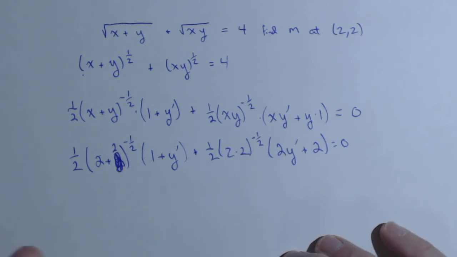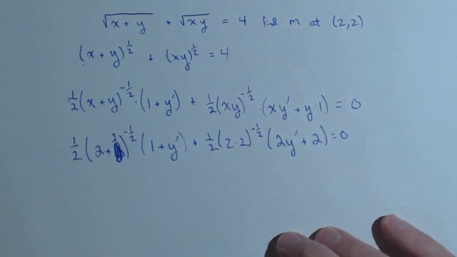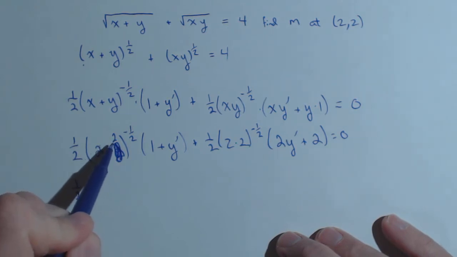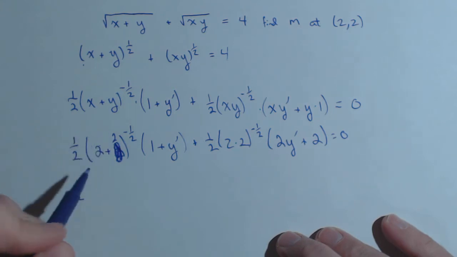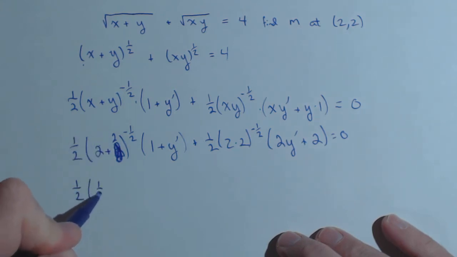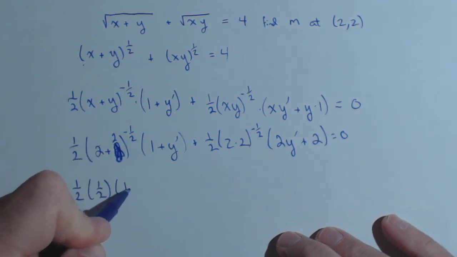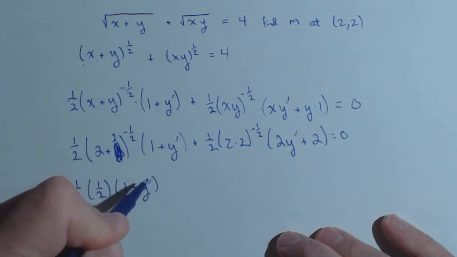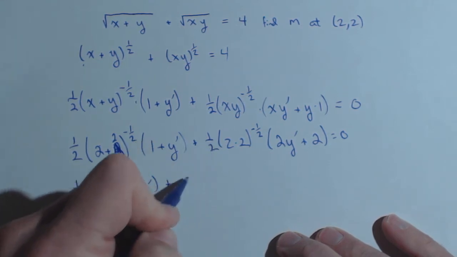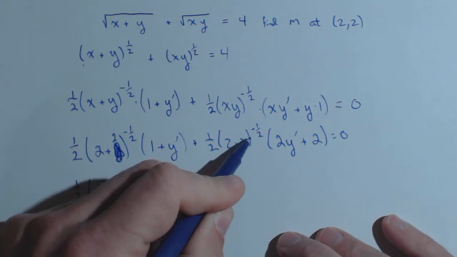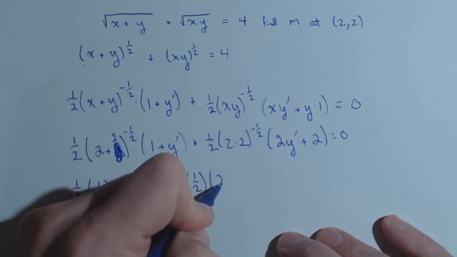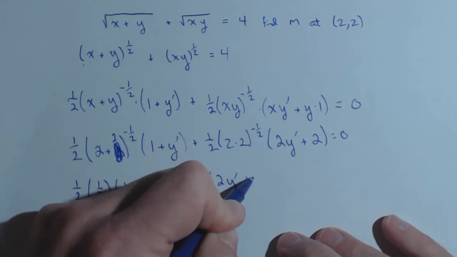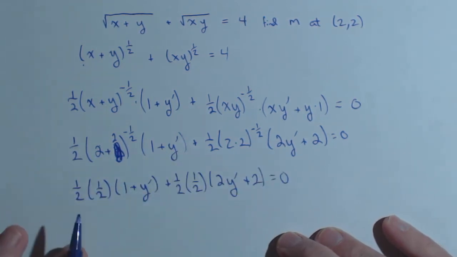So we need to solve for y prime, but what we have in there now is a lot simpler to work with. So 1/2, 2 plus 2 is 4, to the negative 1/2. Well, the square root of 4 is 2, to the negative 1 is another 1/2, so that's going to be 1/2 times (1 plus y prime) plus 1/2. This is going to be 4 to the negative 1/2 again, so times 1/2 times (2y prime plus 2) equals 0.